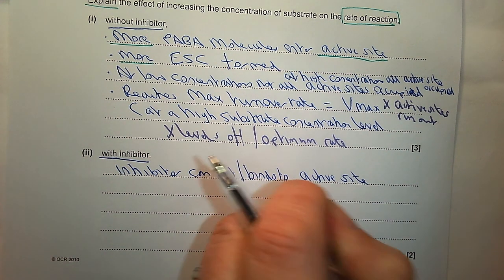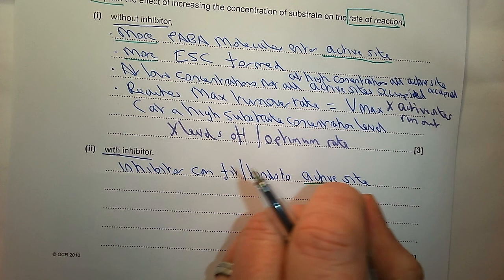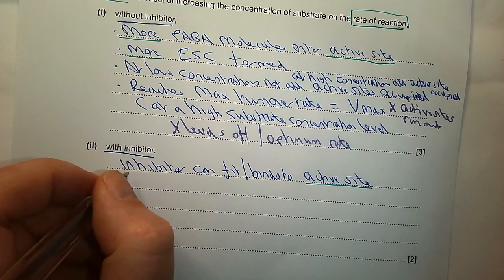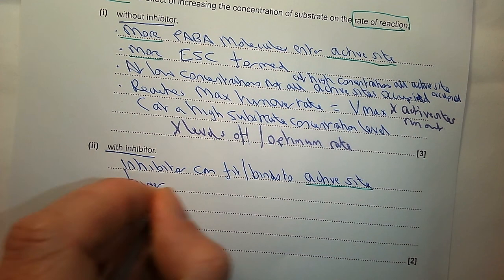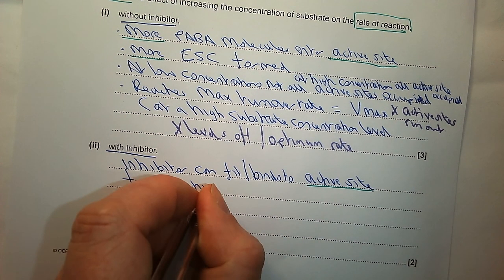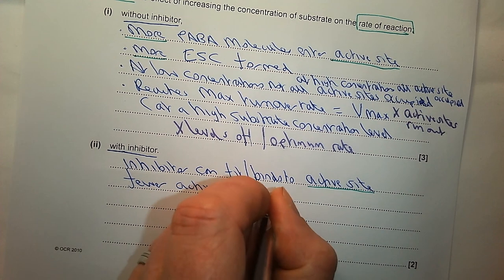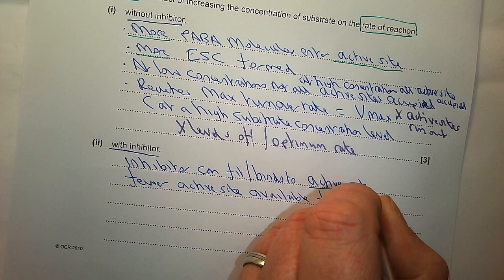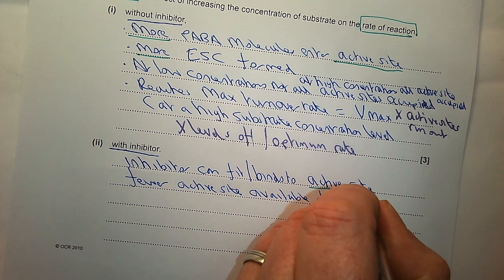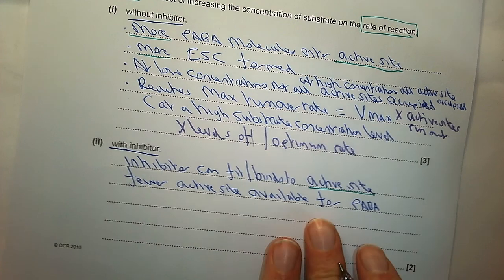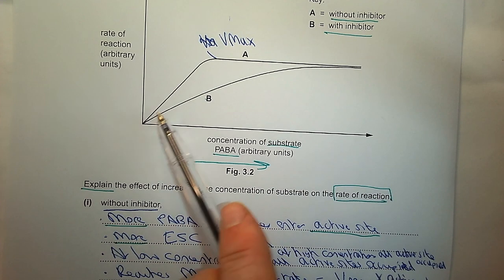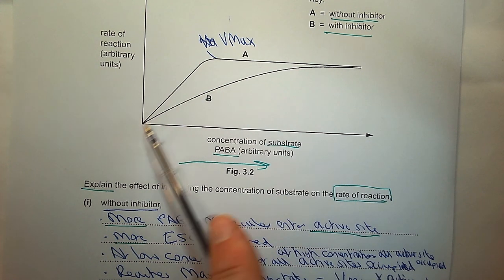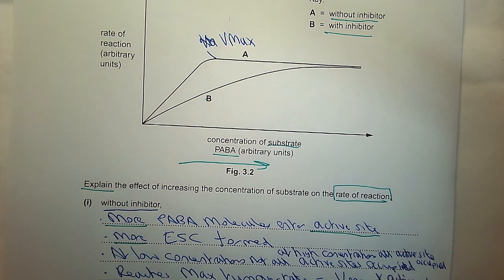Again, we need to make sure we're mentioning active site, and therefore there's fewer active sites available for PABA or the substrate, and therefore that's why the rate of reaction, even though we're increasing the concentration, is a much lower rate of increase.